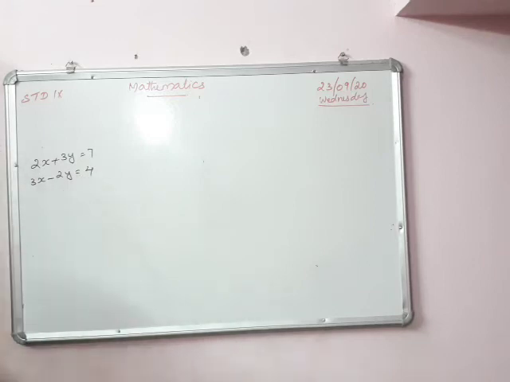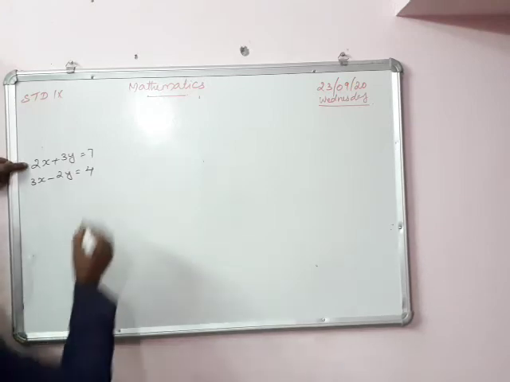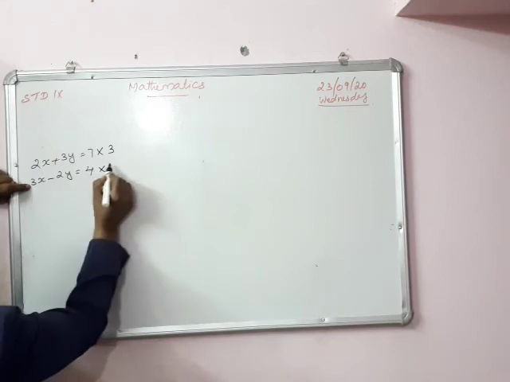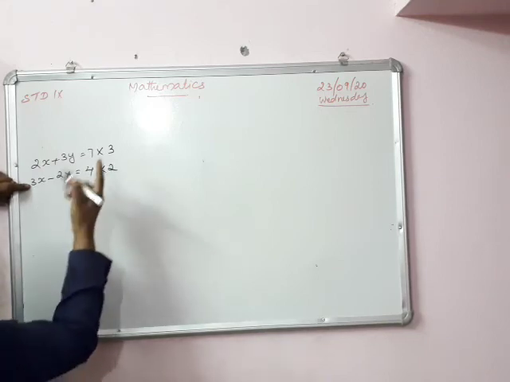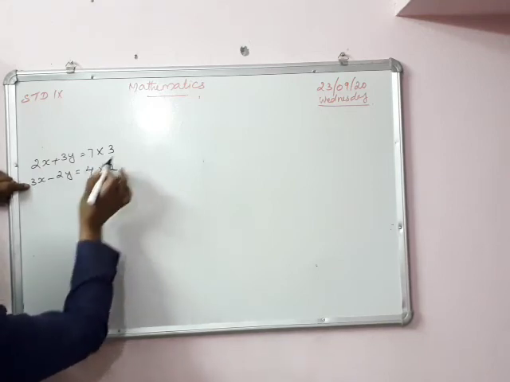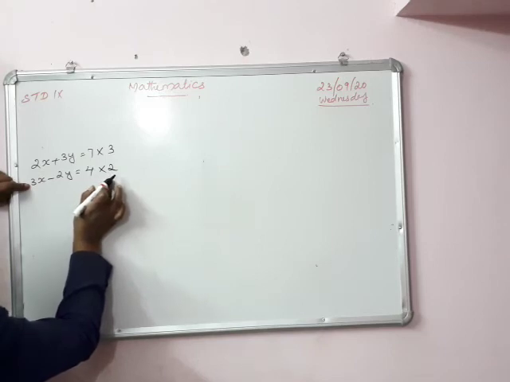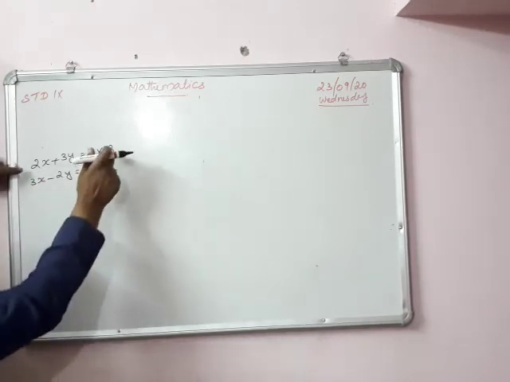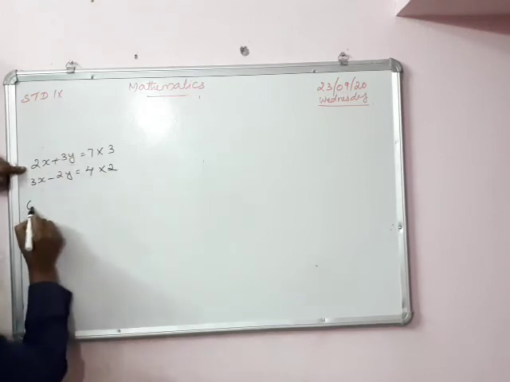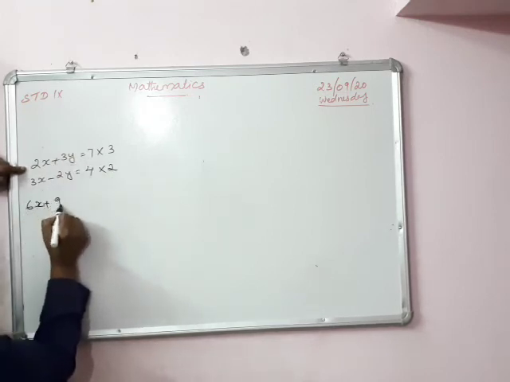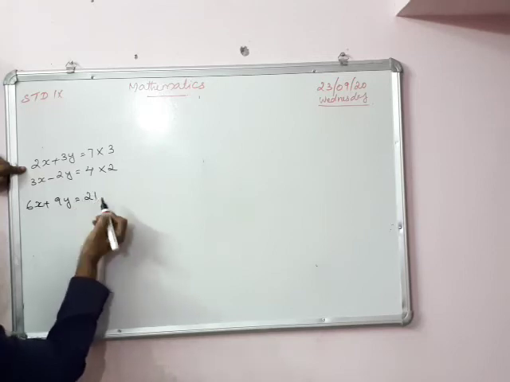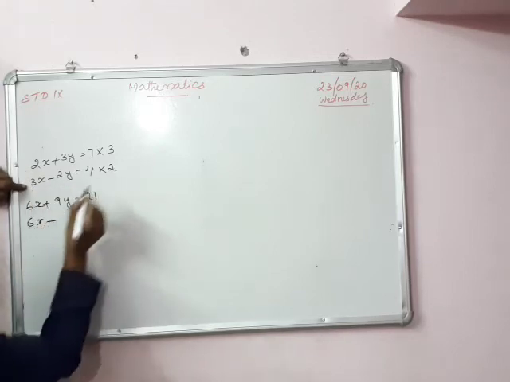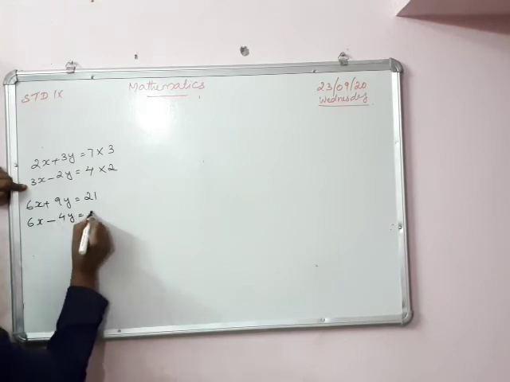Anyway, the first one you multiply with 3 and the second one multiply with 2, for cancellation. This is the first equation, multiply with 3. Second equation you multiply with 2. Then that is 6x plus 9y is equal to 21 and 6x minus 4y is equal to 8.